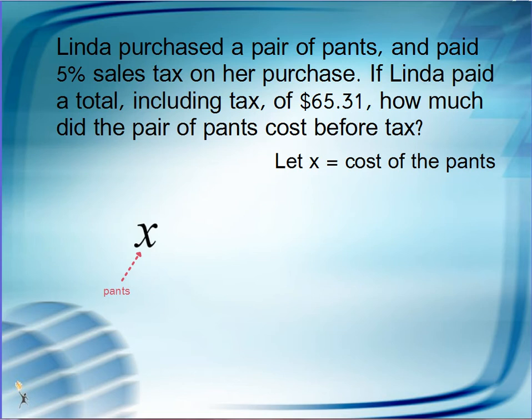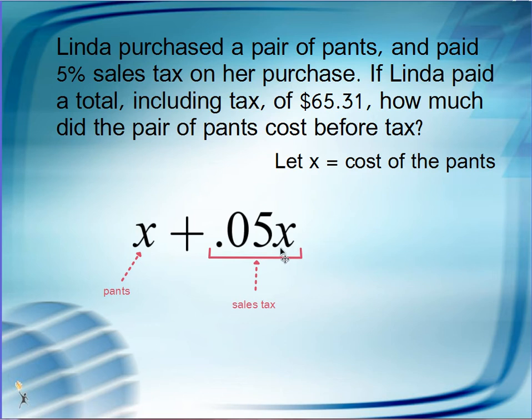So in a situation like this, I need to change the percent into decimal form, 0.05 in this case, and multiply it to the price I was already paying. 0.05x will give me 5% of my purchase.